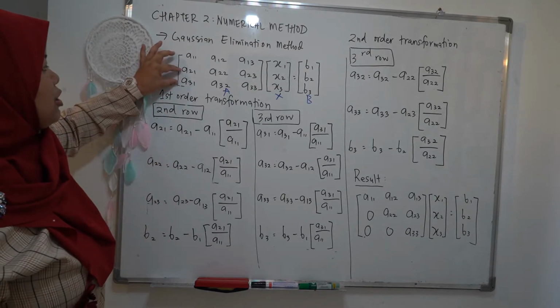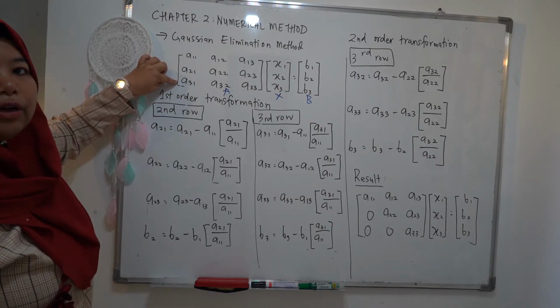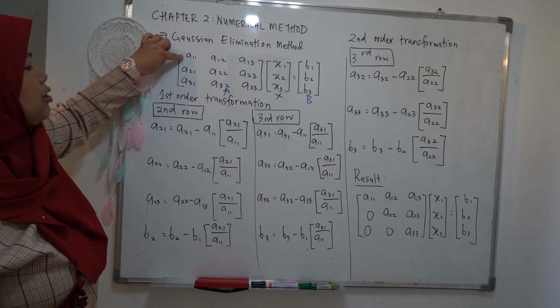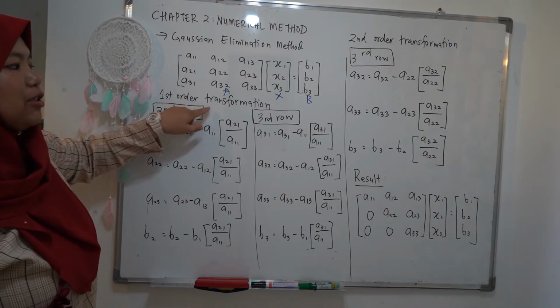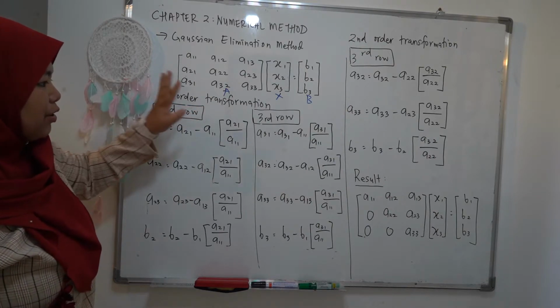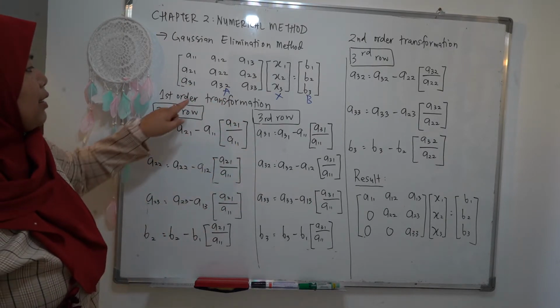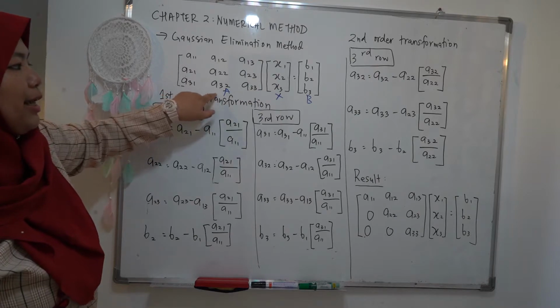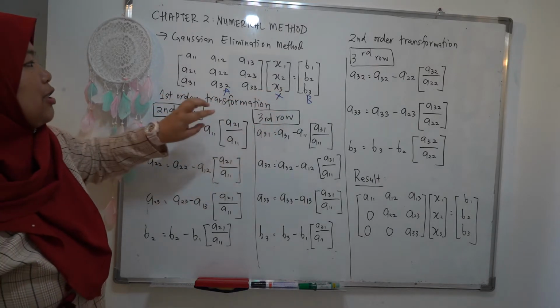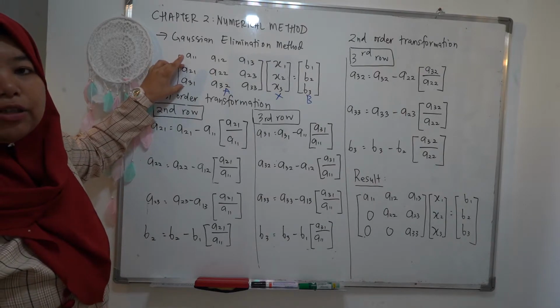We want to change the second row and the third row, and we have to deduct the first row because this is the first order transformation. After you apply the first order transformation, we copy back into the matrix A, x equals B, so we have new numbers for the second row and third row.